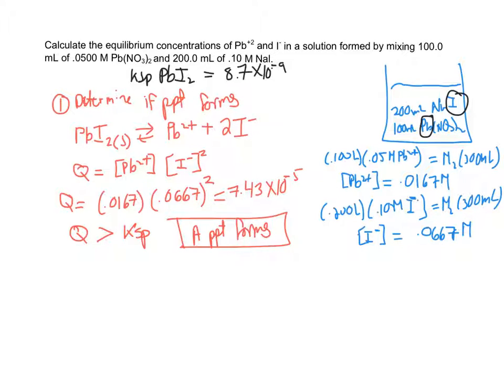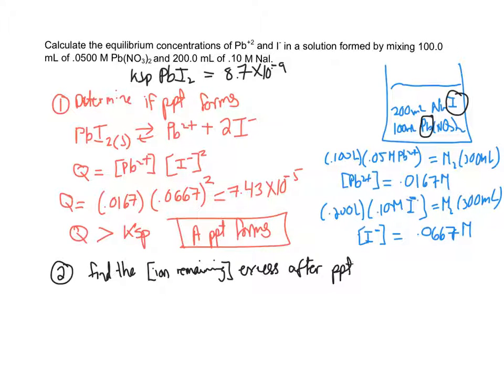So your second step here is going to be to find the concentration of the ion remaining as excess after the precipitate forms.